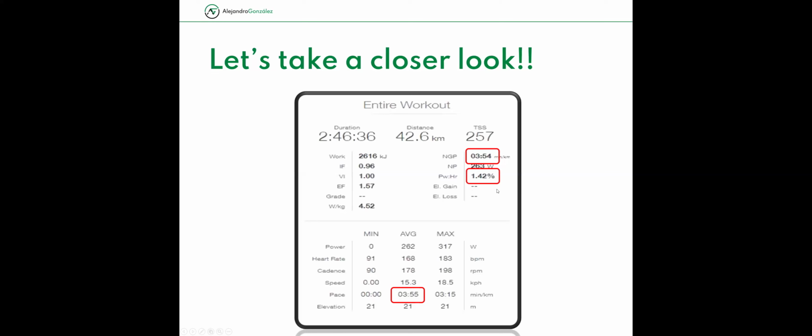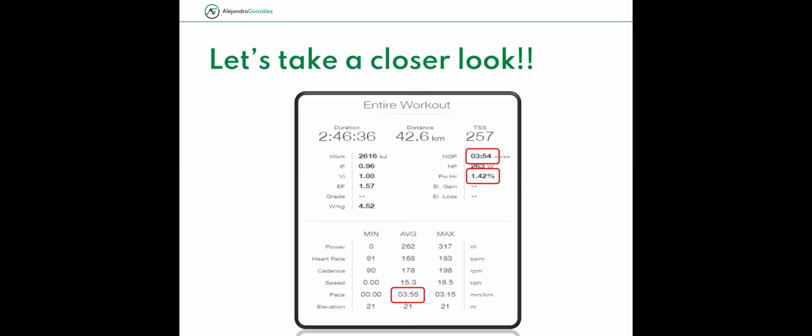An important metric that I was following is, in this case, because he ran with a power meter in his shoes. But this is another topic. We're talking about power meters in another presentation.